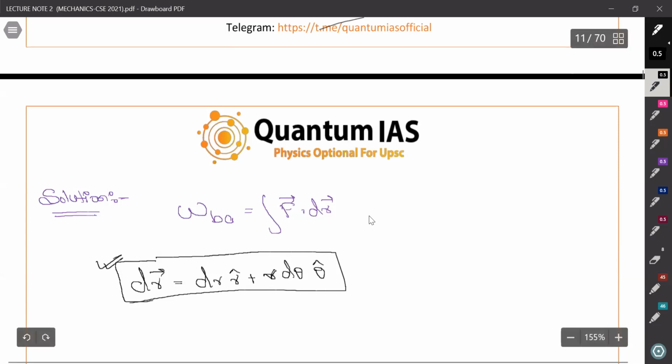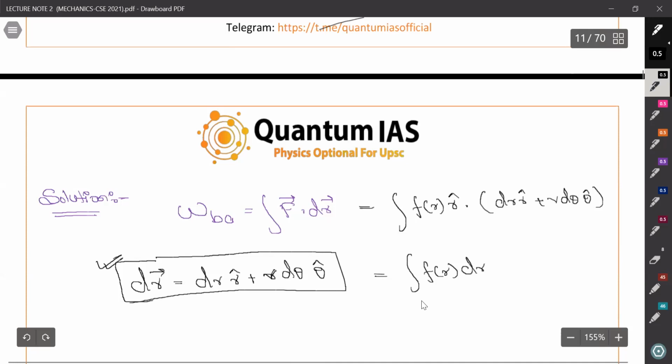Okay, and we are going to use this. So if we put this here, this will become Fr r cap dot dr r cap plus r d theta theta cap. So what will it give? It will give Fr into dr from A to B. We are going to find it out.